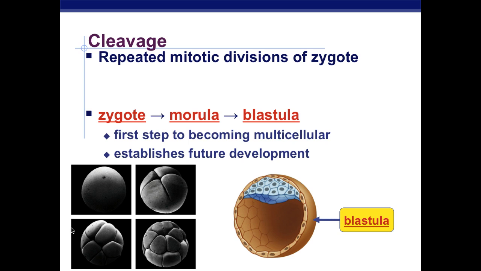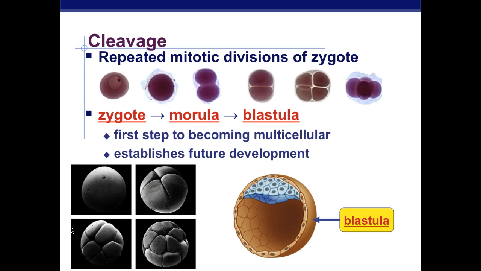So the repeated division, you start up as a zygote, you develop into a morula, and then into a blastula. These are the first steps of multicellular development, and it establishes the future development of you as an egg into a multicellular organism. So to the right, we have a picture of a blastula.